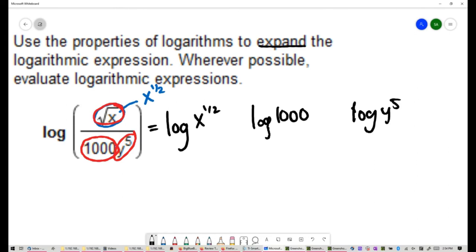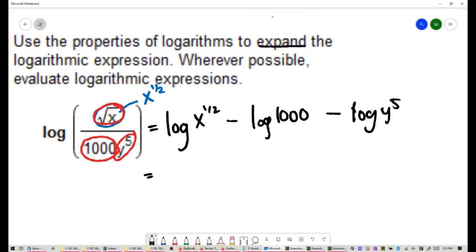So in between these logs, I should have either pluses or minuses. And if we had a factor coming from the numerator, that log should be positive. A factor coming from the denominator, that log should be negative. So both of these will have minuses in front of them because 1,000 was in the denominator and y to the 5th was in the denominator.